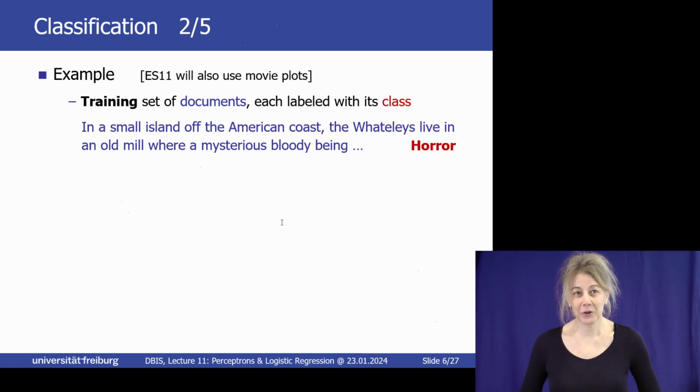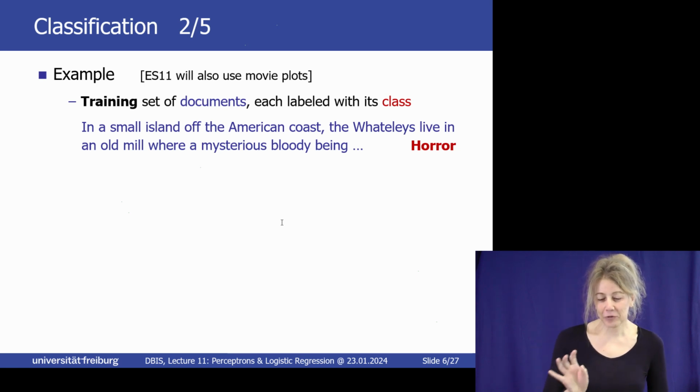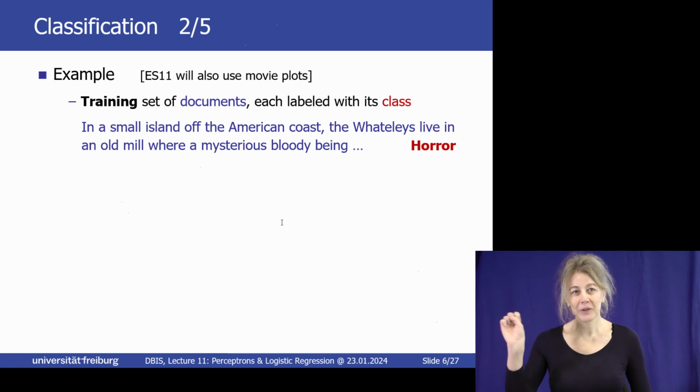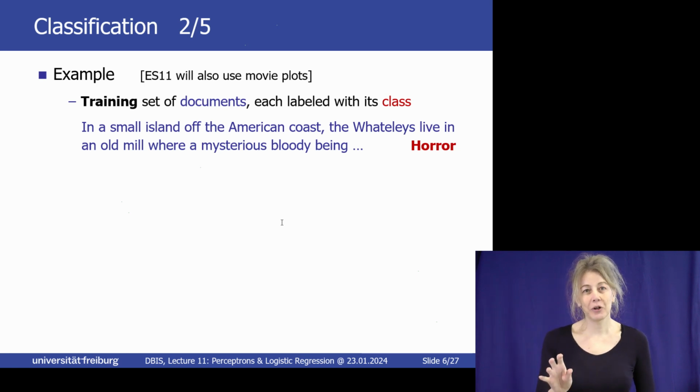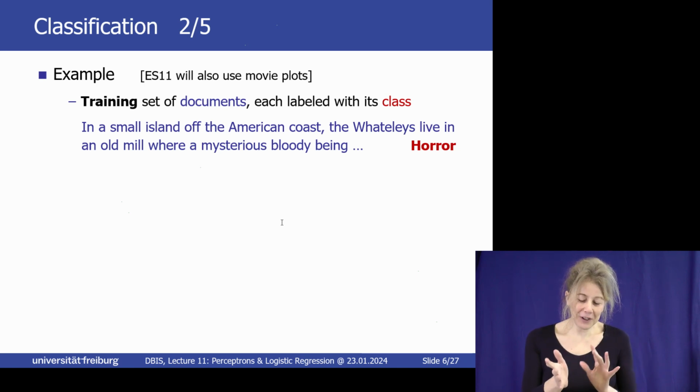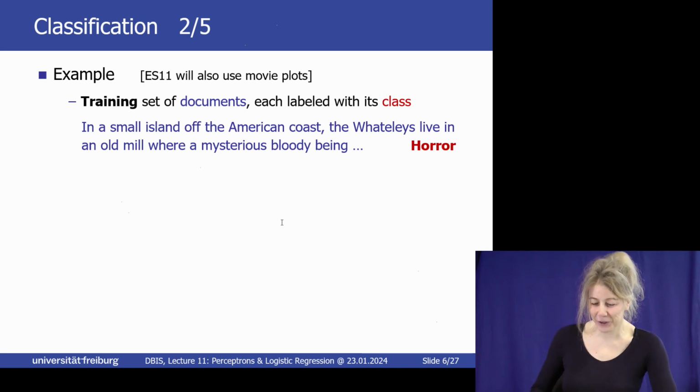And yes, that's a horror movie. It doesn't say American horror movie from 1972, it just gives the plot, otherwise it would be easy. But there are hints here that it's not a comedy or romantic something, maybe a combination.